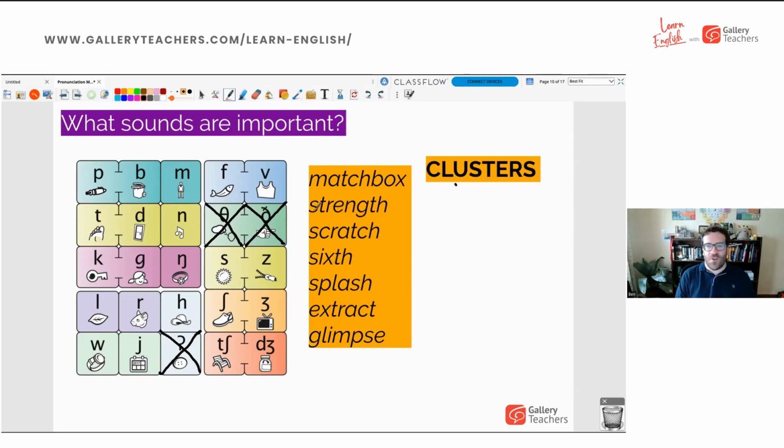This one, strength, strength. Yeah. Scratch, scratch. This, I have to say, I'm going to put my hand up for this one. Yeah. This is a word that's difficult for me to say.